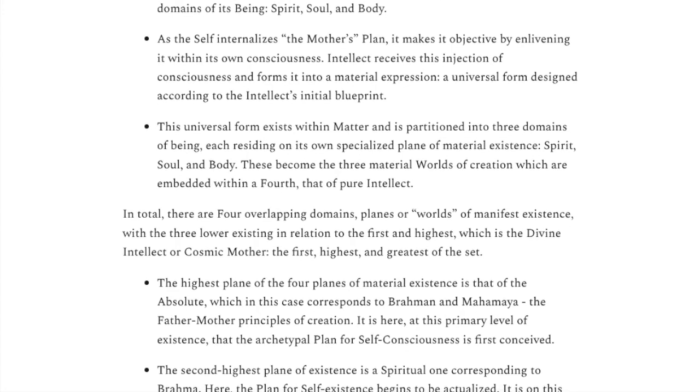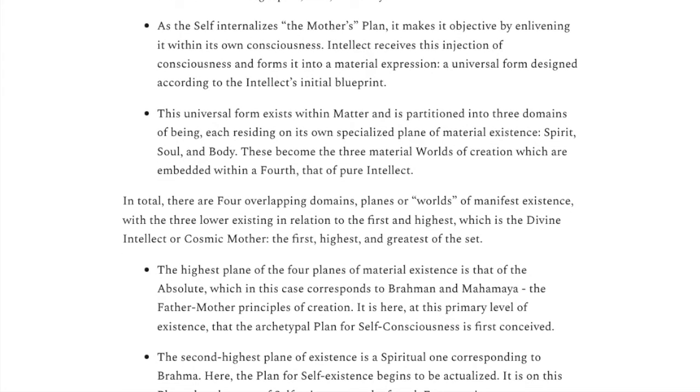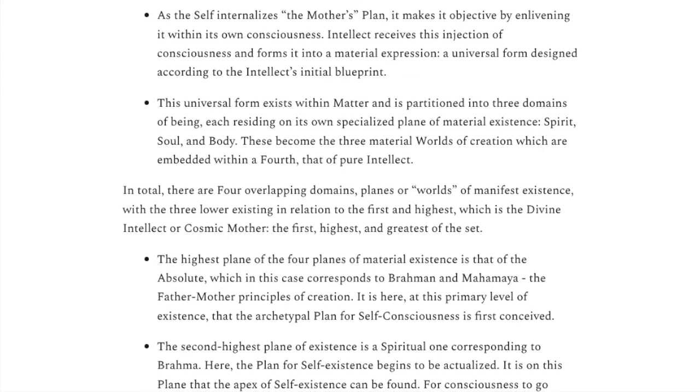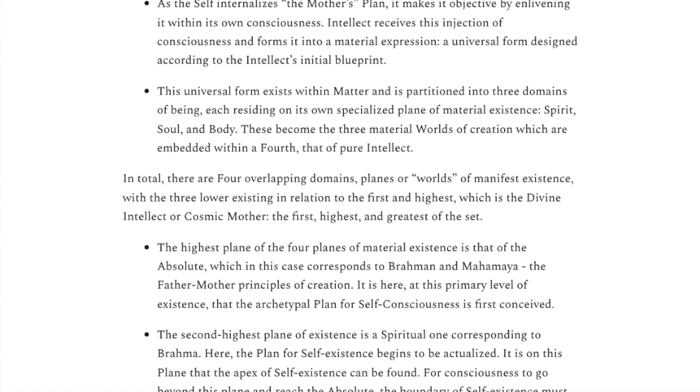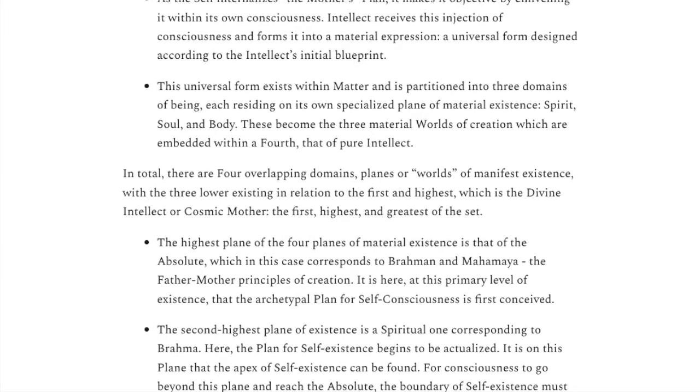So the universal form exists within matter and is partitioned into three domains of being, each residing on its own specialized plane of material existence. The spirit has its own plane, the soul has its plane, and then the body has its plane.